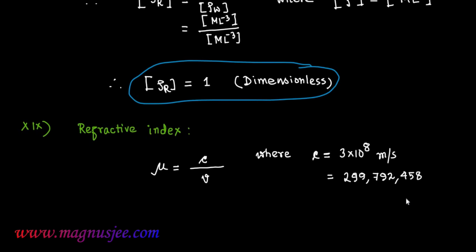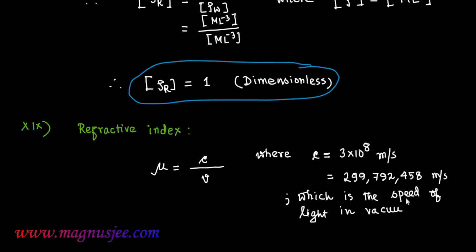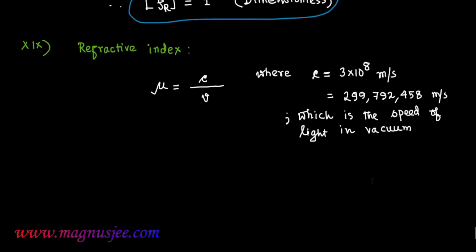Its exact value is 299,792,458 meter per second. C is the speed of light in vacuum, and that is the maximum value of the speed of light.